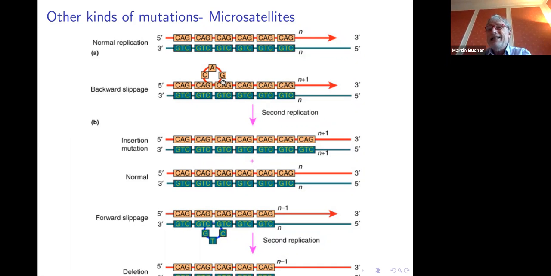And that is particularly error prone because this can stick to this, but then you could get this to stick to this, and then you change the number. So there are a lot more frequent mutations, and within a certain range of the number of these satellites, there isn't really selection.